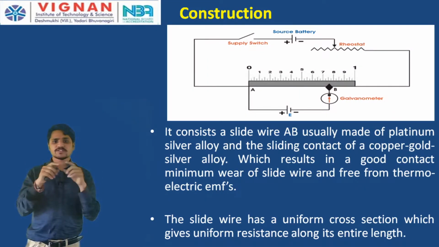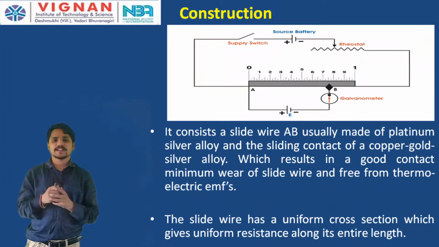So this slide wire must consist of a uniform cross sectional area. Why? Because for any material the resistance R is given by rho L by A, where rho is the resistivity of that material, L is the length of that material and A is the cross sectional area of the material.